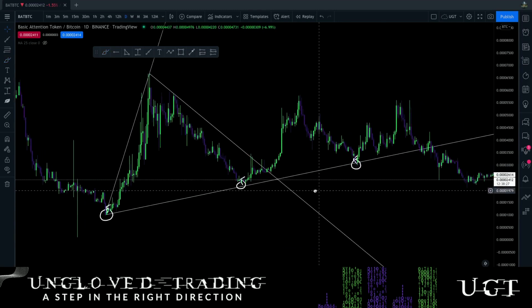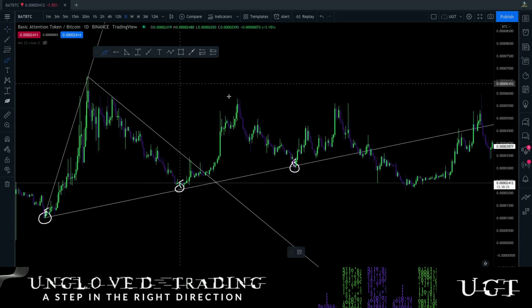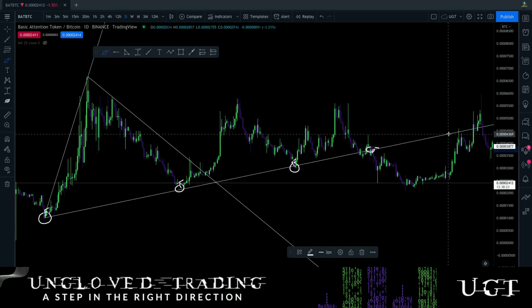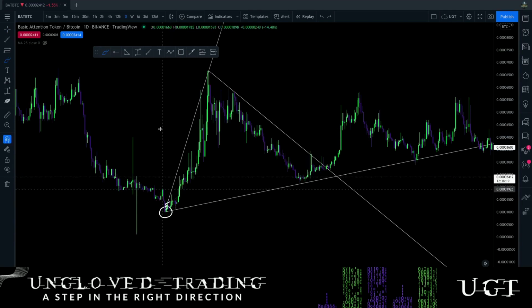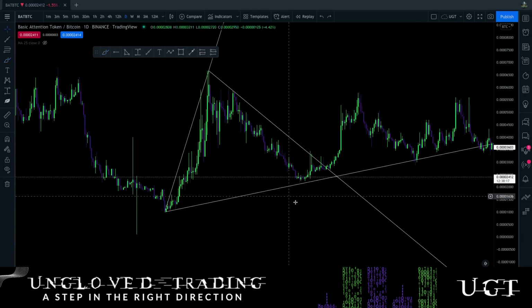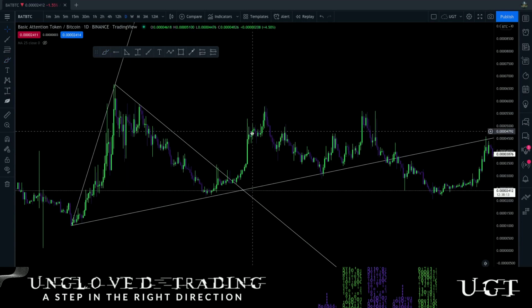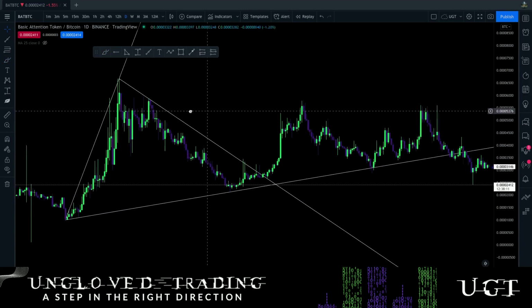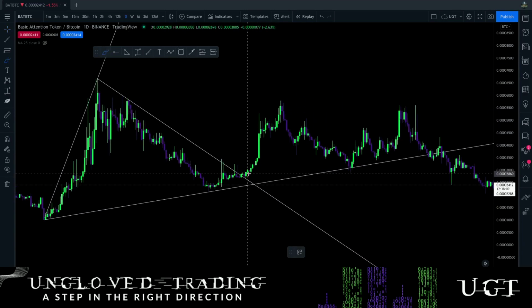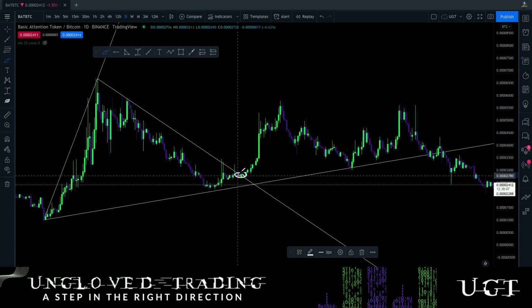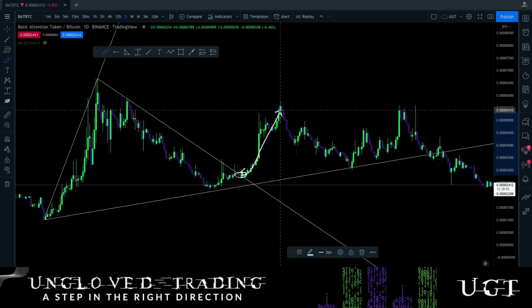And if you go further on in the future, you can see how this level of support becomes resistance actually in the future. And that is the dynamic nature of support and resistance. Something is support until it is broken, and then it turns into resistance, and vice versa. And you see how well these support and resistances create ignition and momentum. You break this trend, this downtrend, it creates a movement up.